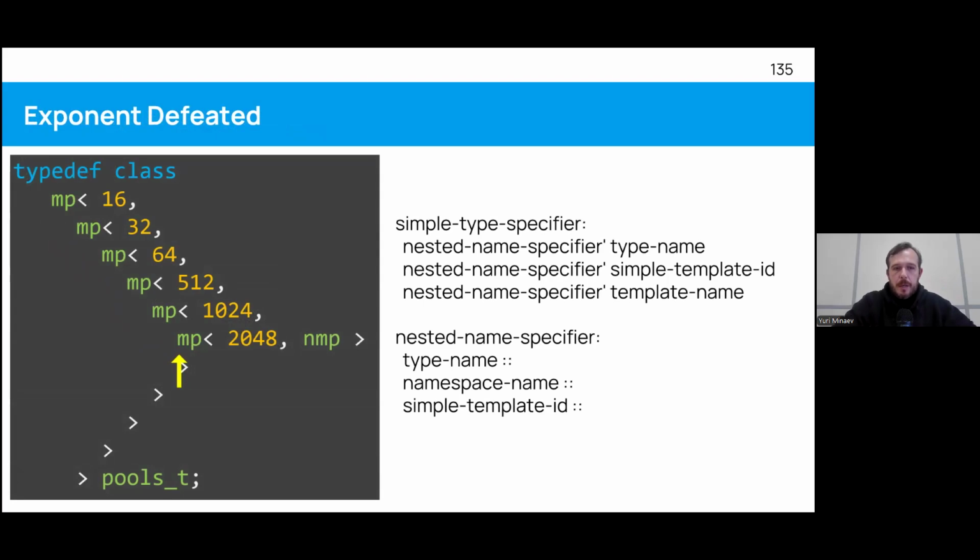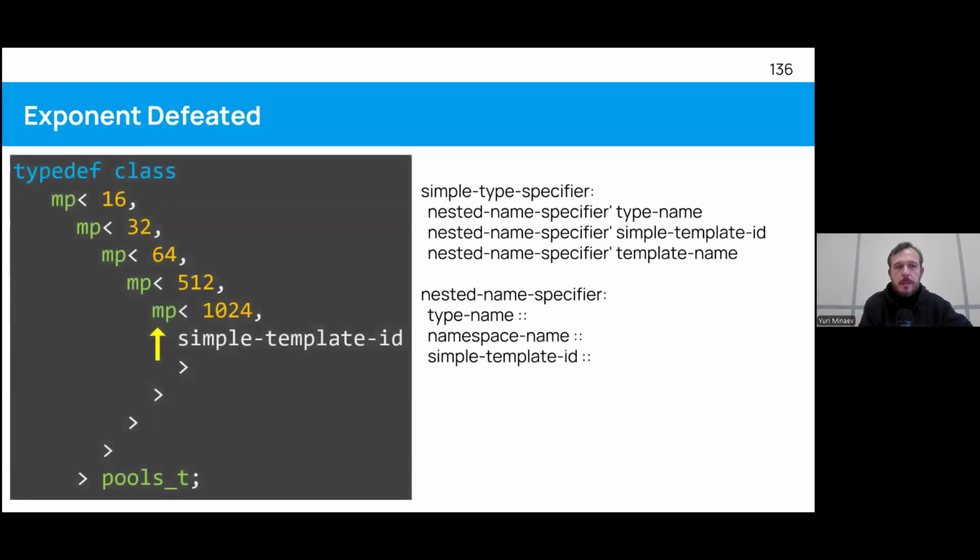But we still have to backtrack because we are in the nested name specifier production, which expects 2 colons at the end, which we don't have. But now, instead of just backtracking mindlessly, we will say that, okay, here we have a simple template ID. We will stash it.